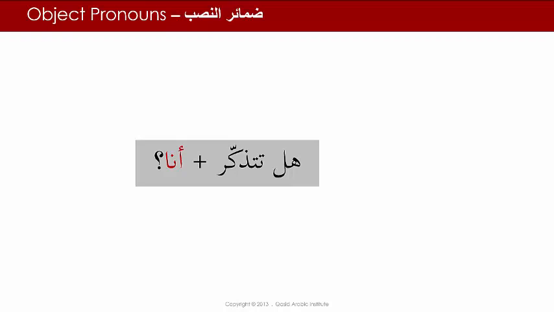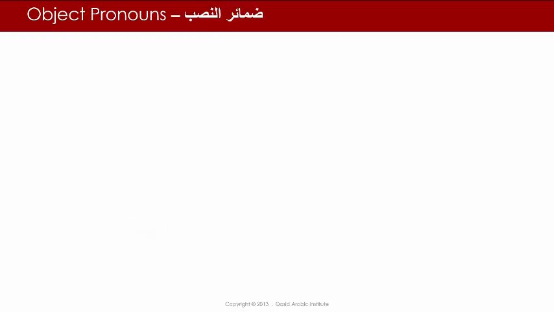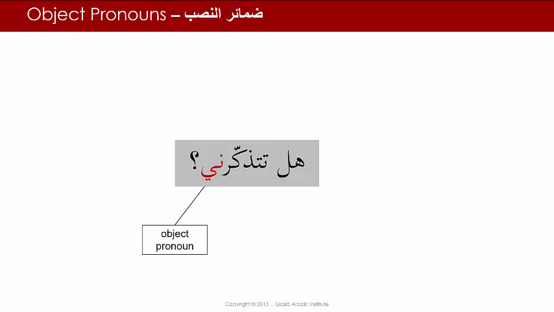It's in the object place. That is, do you remember me? The me is the object of remembering, right? So here we can't have a subject pronoun. What we need to do is turn that subject pronoun into an object pronoun, which is ni. So the ana becomes ni. هل تتذكرني? Do you remember me? And here we have our object pronoun ni.